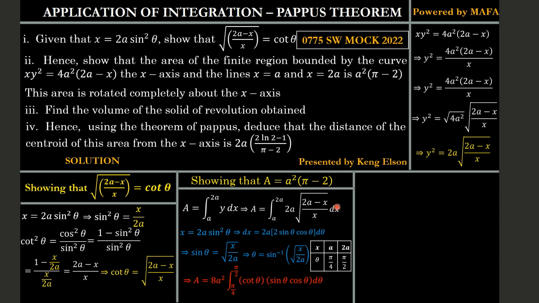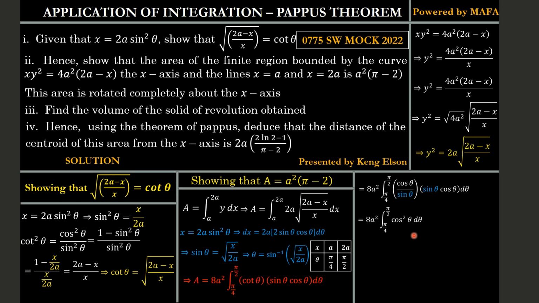In the place of the dx, I replace it with sine theta cos theta d theta because I already multiplied the 2a with the 4a to give me 8a squared. Now I simplify cot theta to give me cos theta on sine theta. We now see sine theta is common in the numerator and denominator, so they cancel out. We get the area to be 8a squared times the integral from pi on 4 to pi on 2 of cos squared theta d theta.